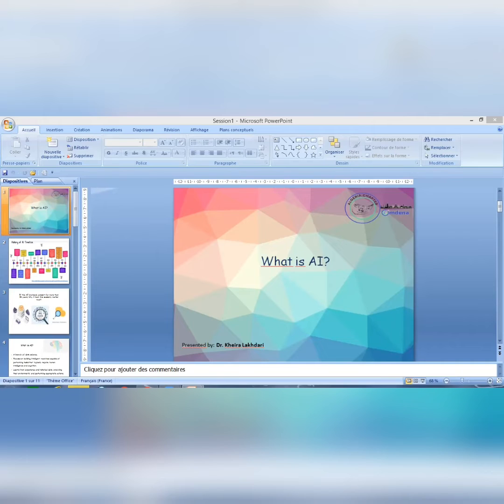So what is deep learning? When it comes to machine learning, it is a group of algorithms, and deep learning is a kind of algorithm in the machine learning field.